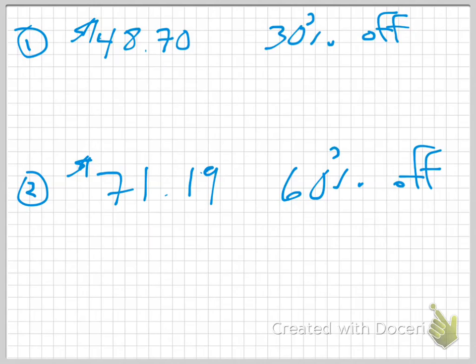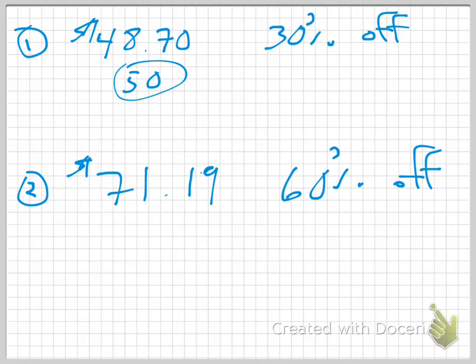Let's look here. Since we're just estimating, what should I turn $48.70 into? 50. Oh my goodness gracious, that should be a 50. That was really badly written. 50, 30% off. What should I do? Please tell me you know this time. What should I do, Sladen? It's called find 10%.